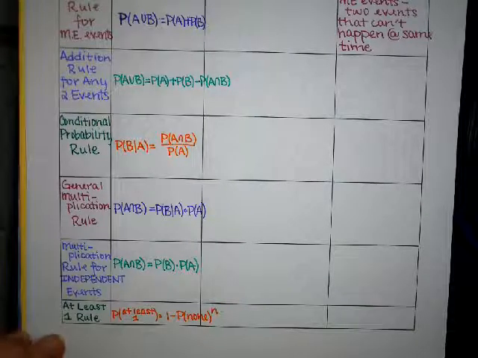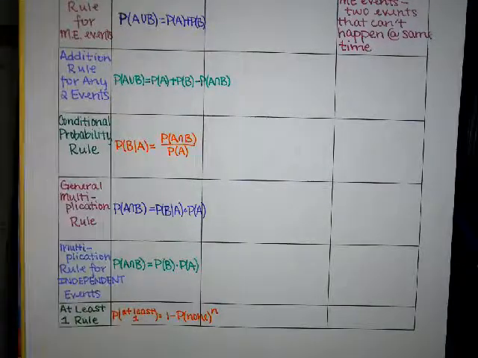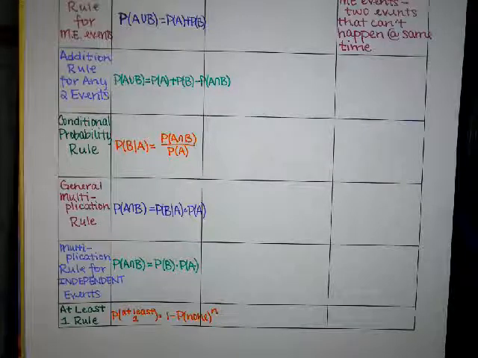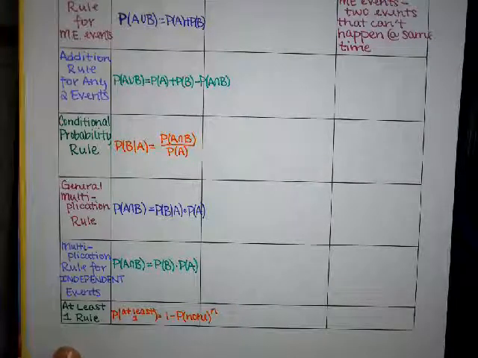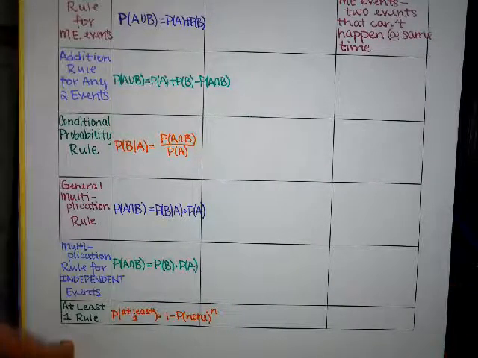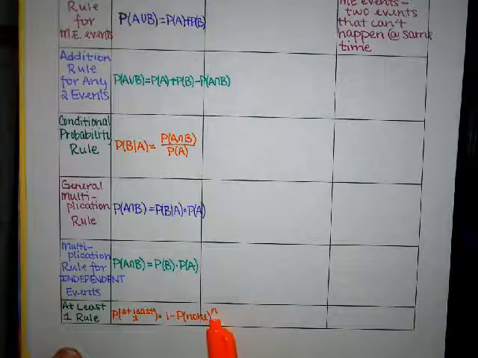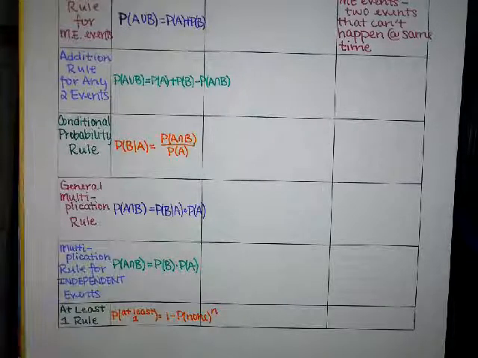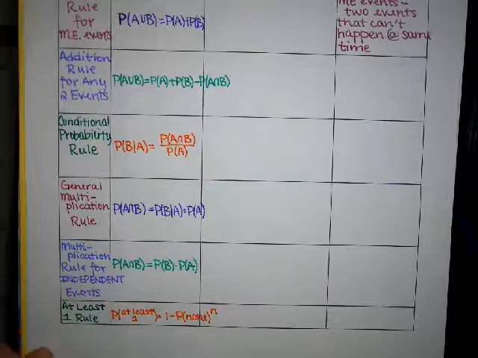Then we talked about the first trimester pregnancy test, and so there were 100 women in that study, so we raised it to the 100th power. And then the last one was the HIV rapid test, and there were 200 people in that sample size, so we raised it to the 200th power. So when I put n, that's whatever your sample size is.